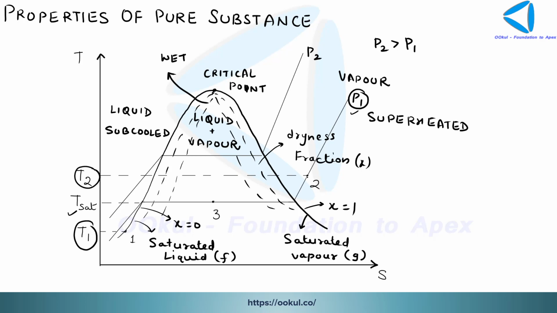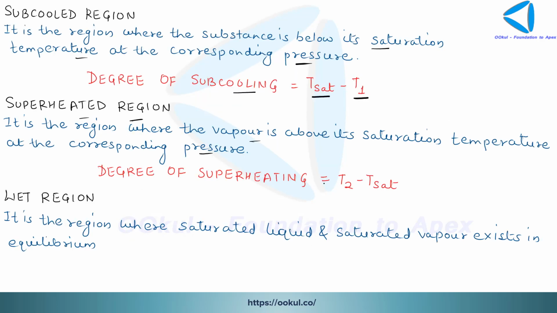So the substance is at this point, and it is said to be in a superheated state. The degree of superheat is T2 minus T saturation, that is, how much higher the temperature of the substance is above its saturation temperature.